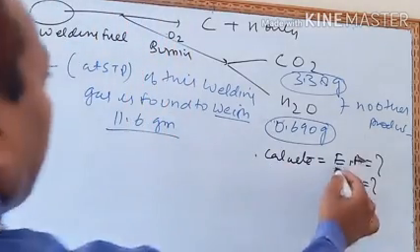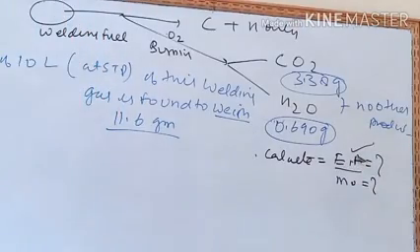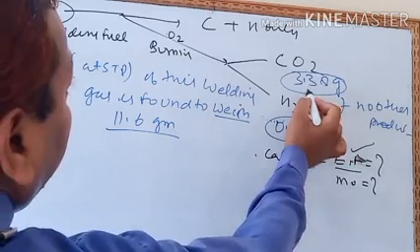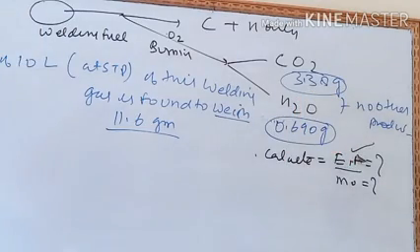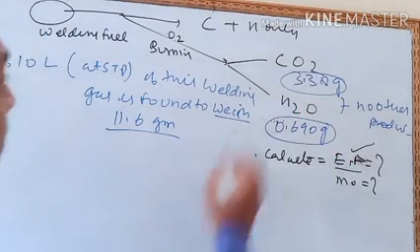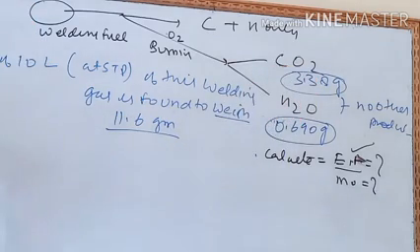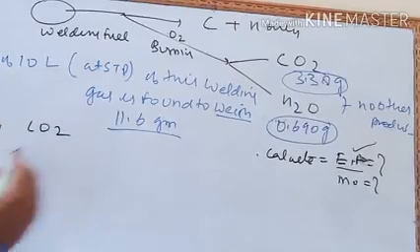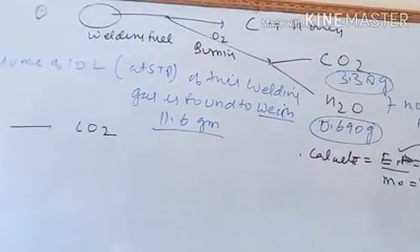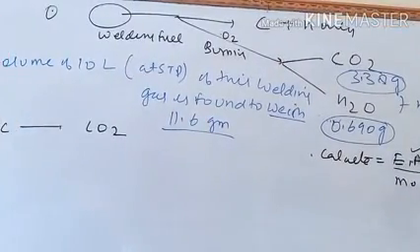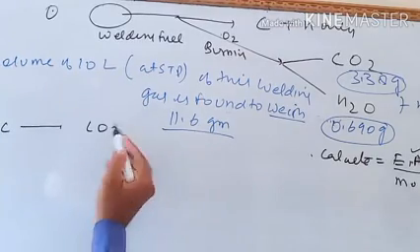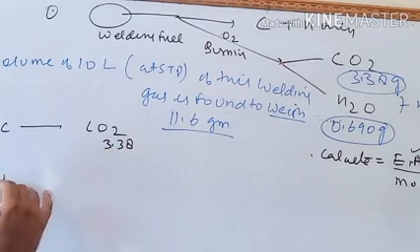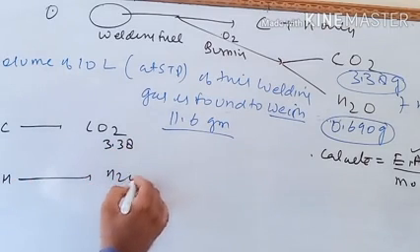First we will calculate the empirical formula. Children, it is very simple. The mass of CO2 is given, 3.38 gram. Similarly, for hydrogen, H2O is 18 gram.